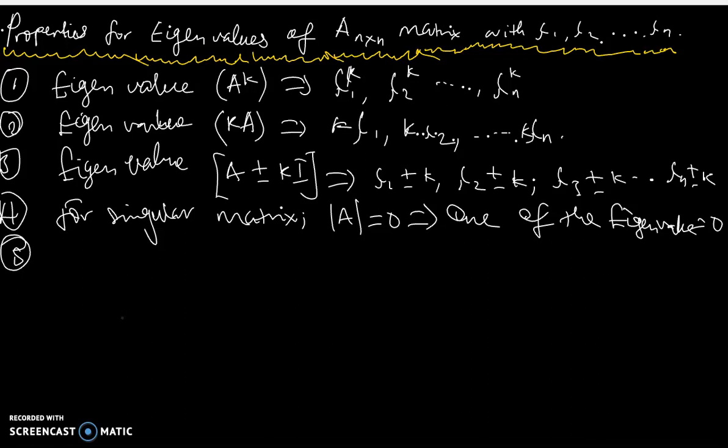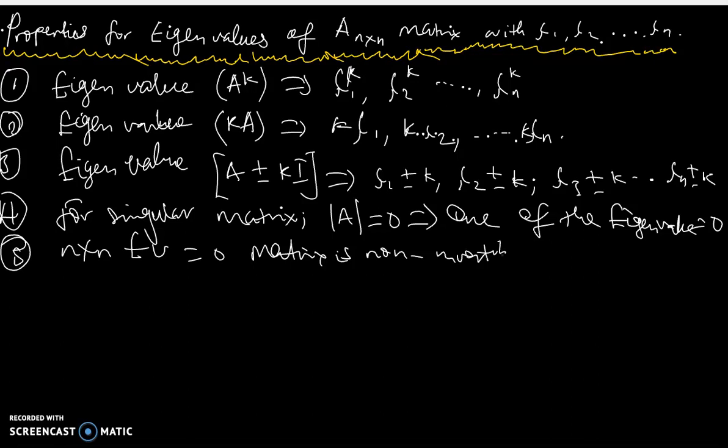It is a property of a matrix, and we say that for a square matrix, meaning that it has the same number of columns and the same number of rows, so it is an n by n matrix, one eigenvalue must be equal to 0 such that this type of matrix is non-invertible.